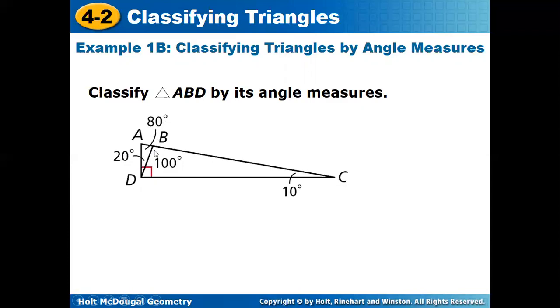I cannot determine the type of the triangle now, because there is a third angle, which is B. I cannot calculate its measure until now. So before you answer the question, please calculate the measure of the angle B in the small triangle ABD.